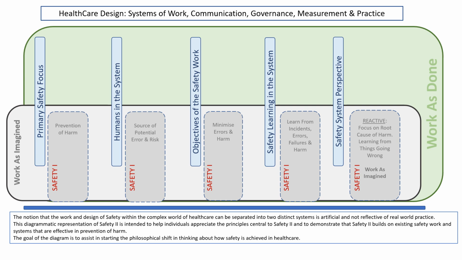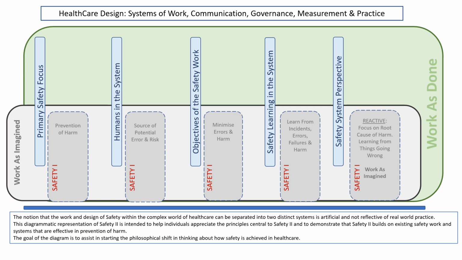Safety 2 recognises that actually what people do in the real world, the way they adapt and respond to different scenarios and contexts, so the work is done, is what actually keeps people safe the vast majority of the time, and that those adaptations will often go outside of the work as imagined for both good and for bad reasons.